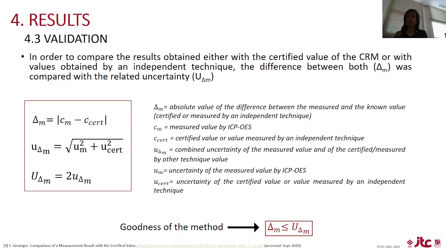In order to compare the result obtained either with the certified value of the CRM or with values obtained by an independent technique, the difference between both was compared with the related uncertainty. And in that way, we can analyze the goodness of the method developed.